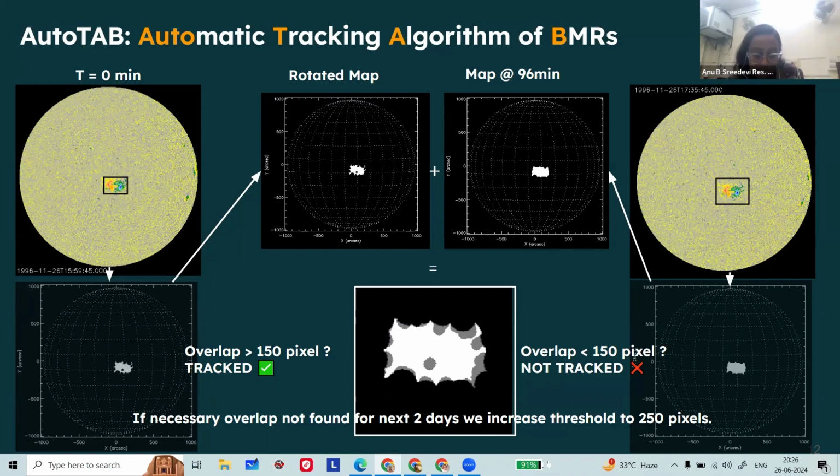In this analysis, we have considered it as a new BMR if it has come around for the second time. And the second thing about the flux emergence that you asked, the tracking takes into account any dynamic evolution. If flux emergence is happening in the active region, our analysis takes care of it.